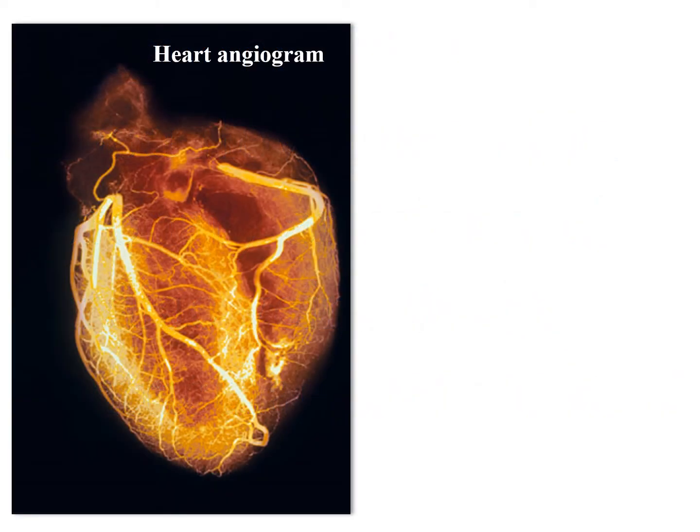This is a picture of the heart after which a radioactive dye has been injected. This is a human heart, and as a result of the injection of this radioactive dye, we can see both the coronary arteries and probably even some of the cardiac veins, although most of what's shown here appears to be coronary arteries.